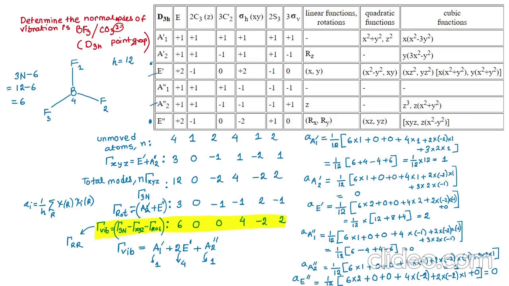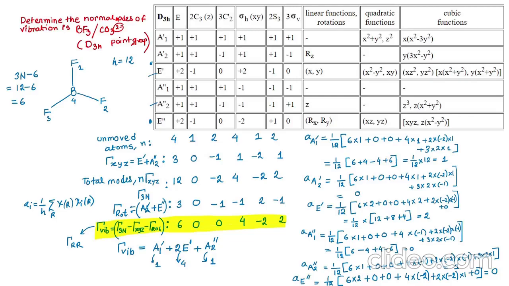From the character table, the main thing was that those atoms which are unmoved during a symmetry operation contribute to the character of that particular symmetry operation.